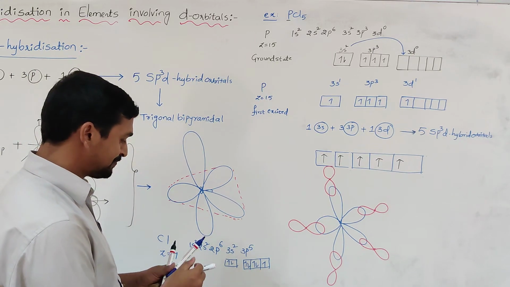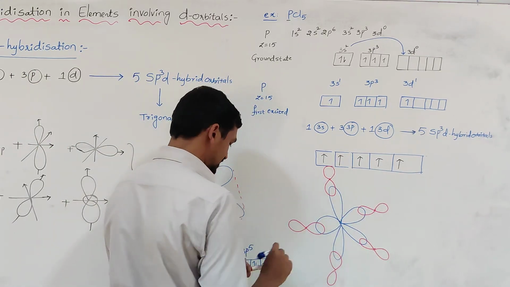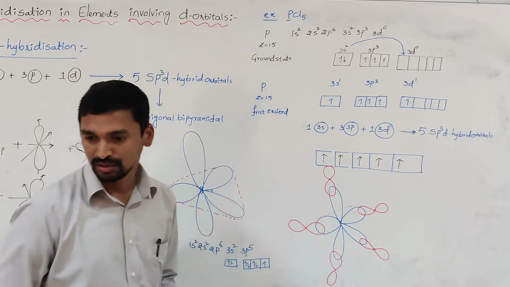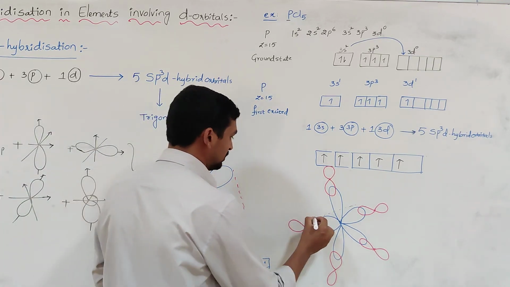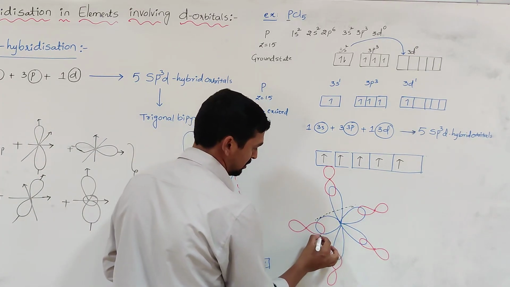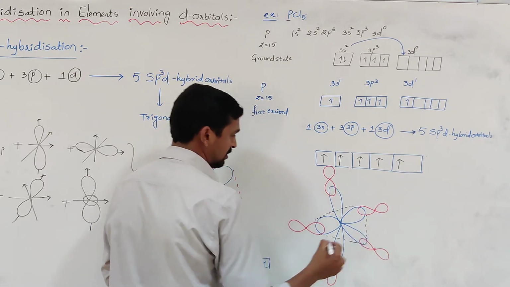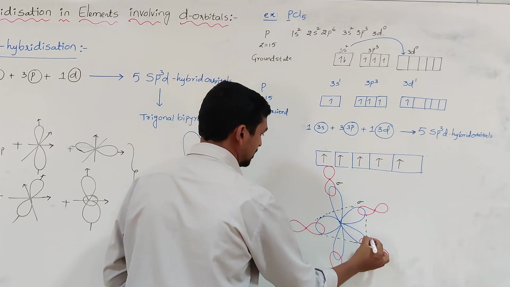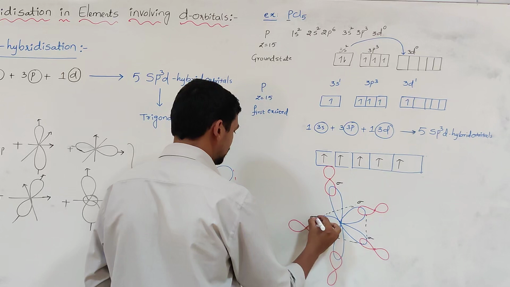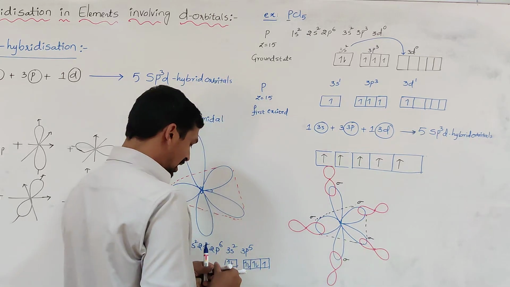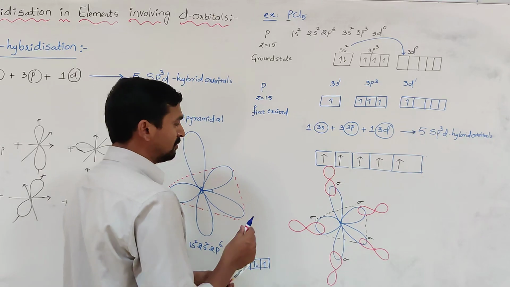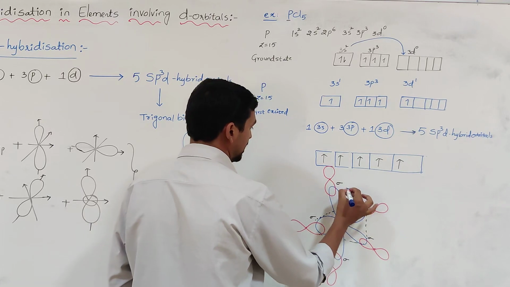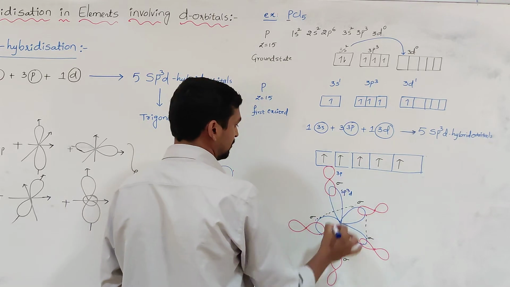Just I'll draw one. Now this is one sigma bond, this is another sigma bond, third sigma bond, fourth one and fifth one. All the sigma bonds are formed by the same kind of overlapping, that is axial overlapping between the sp3d hybrid orbital and the 3p orbital of chlorine.